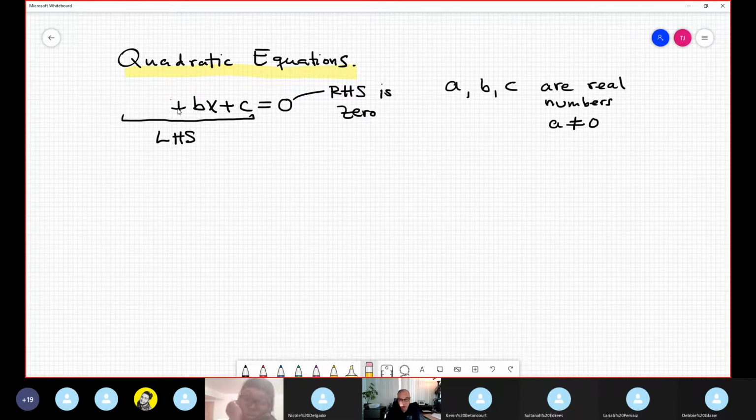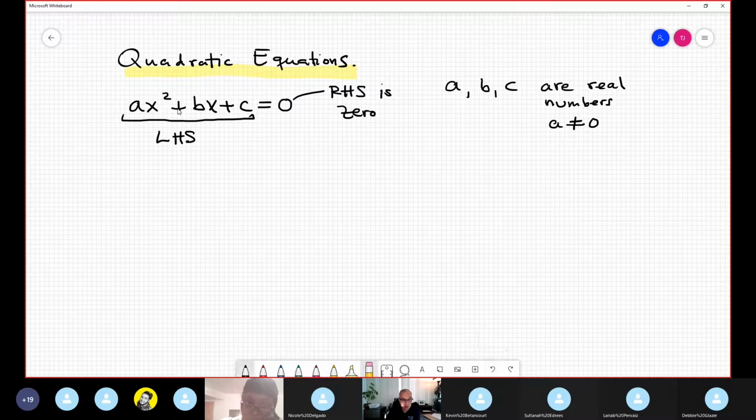So the super important term in this equation is a, the quadratic term. That is the reason it receives the name quadratic equation. b and c may be missing in some special cases, but in general no.